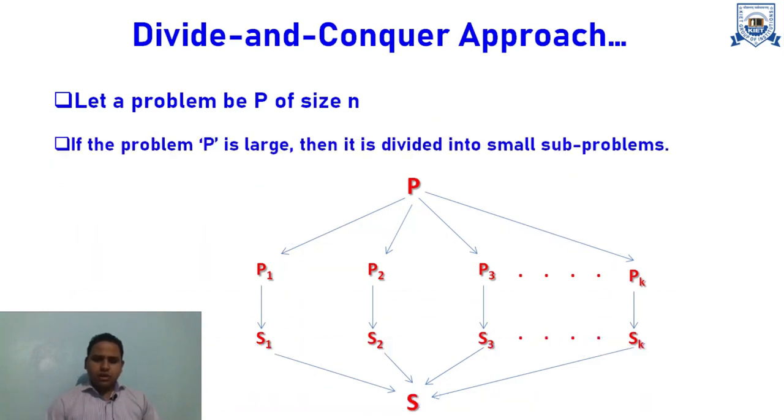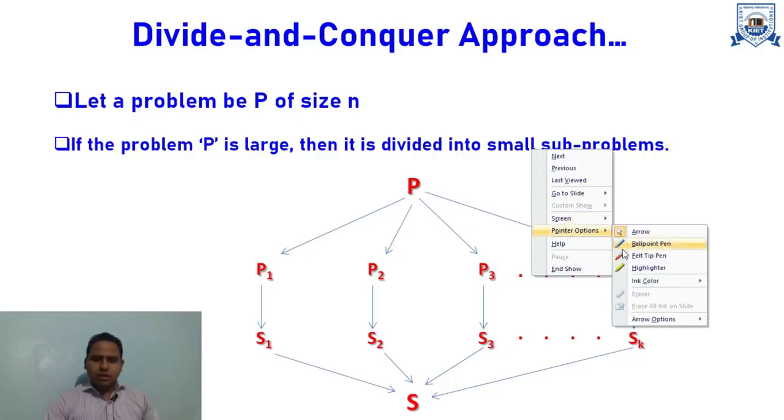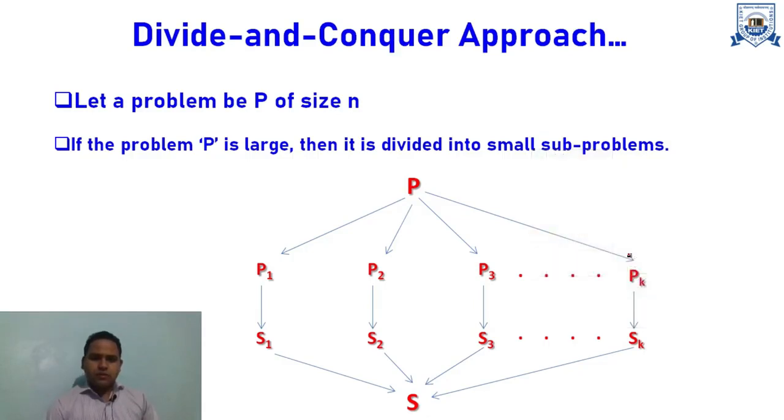Here you can see I have a problem P. Suppose we have this problem P, and it is of size n. We are dividing this problem P into k sub problems. You can see there are k sub problems for this P, and these sub problems are recursively and independently solved, and we have the solution for each respective sub problem.